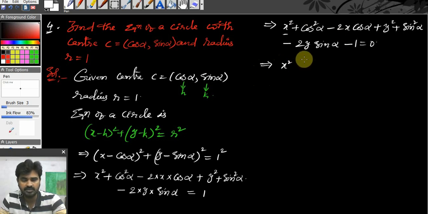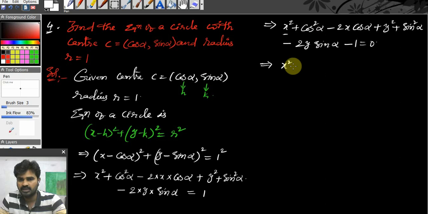That is the most important thing. You have to observe what terms the equation of the circle contains. Here the terms are x square and y square, and there is no x into y term.